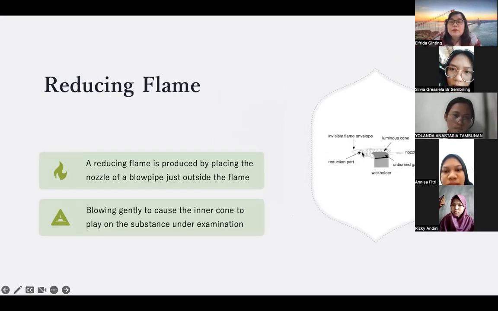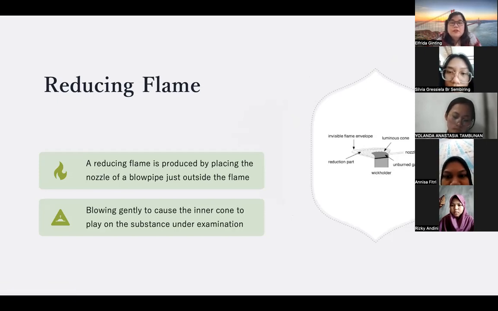You can see here we have the reduction part, the luminous cone, the unburned gas, and the invisible flame envelope.